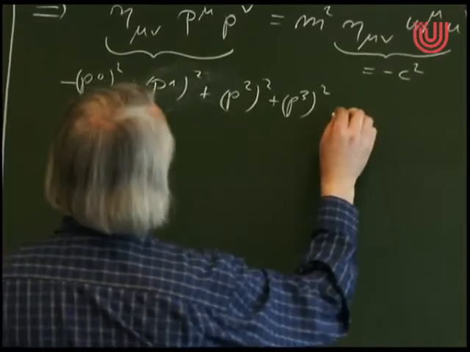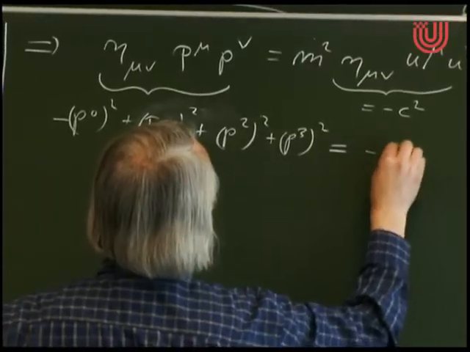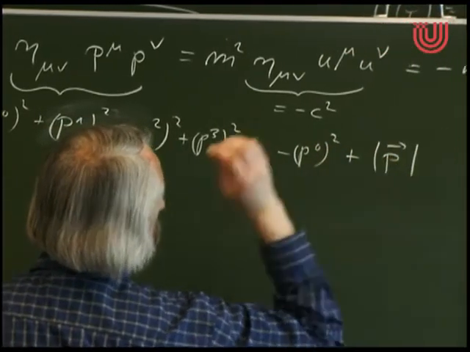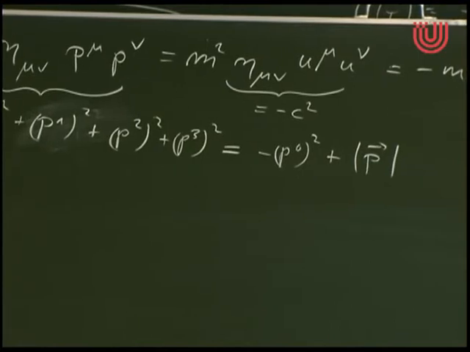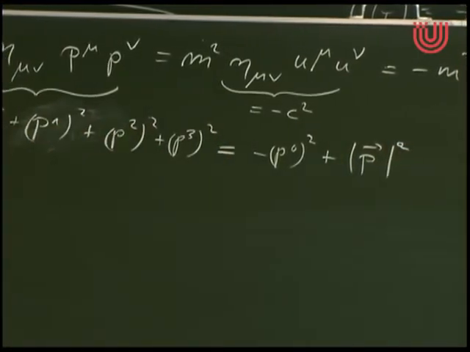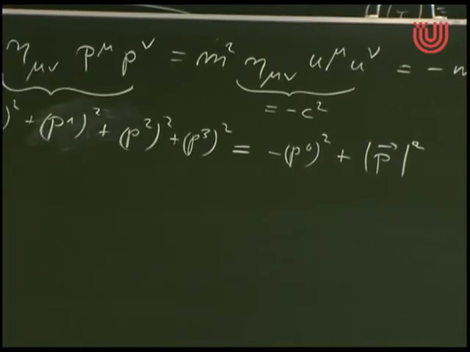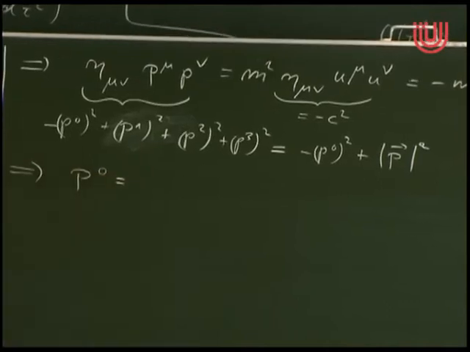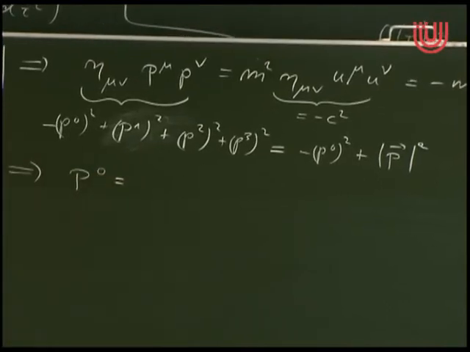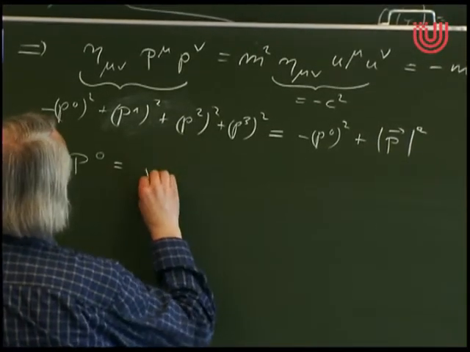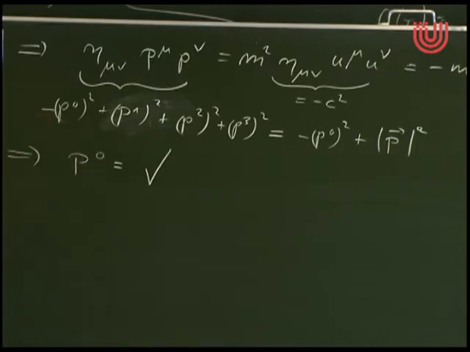And for this I write just p naught squared plus the vector p, that's the usual 3 vector p, with components p1, p2, p3 squared. Okay, now you see that I can solve this for p naught, and I get p naught is plus or minus, depending on whether we go into the positive or the negative time direction, and usually we choose the positive time direction, so it should be a future-oriented vector.